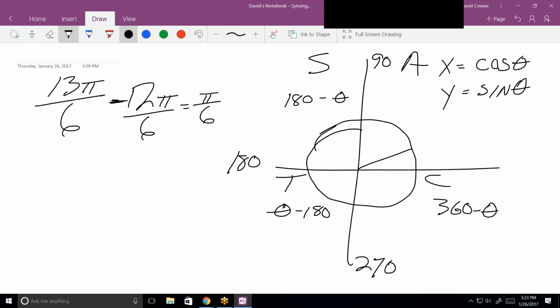So if I'm drawing it, I need to kind of label it like this. Round once, but it still makes a reference angle of 30 degrees. So if I'm taking the sine of 13 pi over 6, it's the same as taking the sine of 30 degrees.